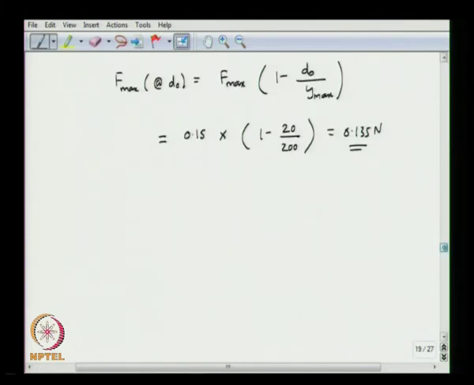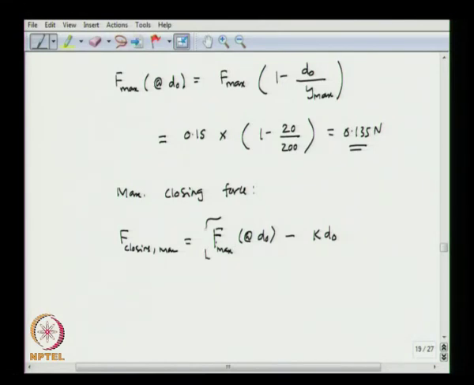So you can find the maximum closing force. The maximum closing force, F closing max, is the F max at d0 minus the spring force.